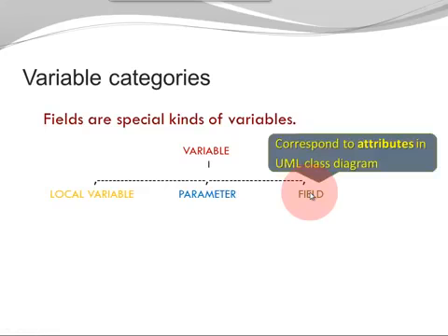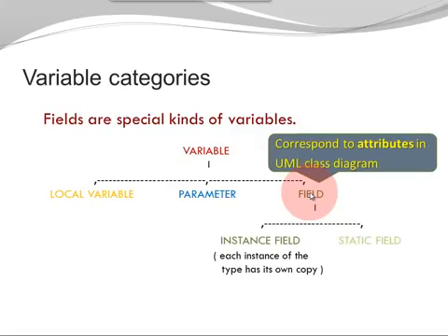Fields correspond to attributes in the UML class diagram, and they can be further divided into instance fields and static fields. Notice how static fields are grayed out. I want you to know that they exist, but in this video we focus on instance fields.